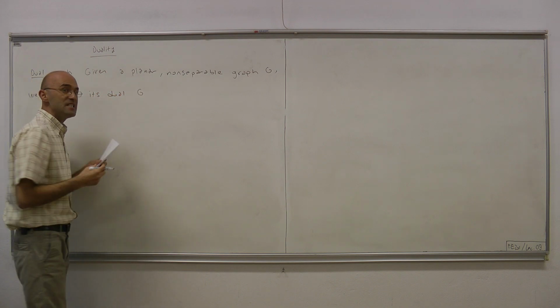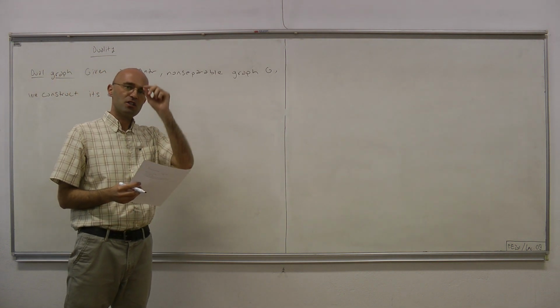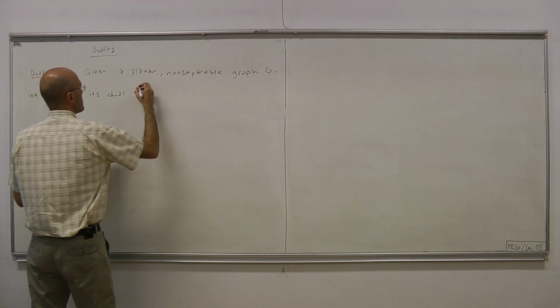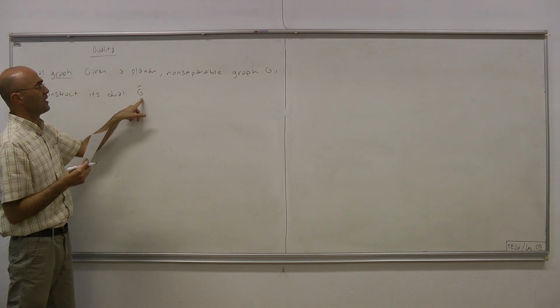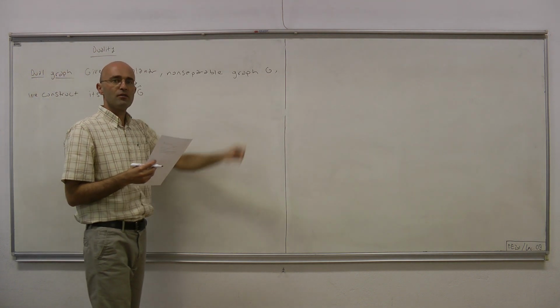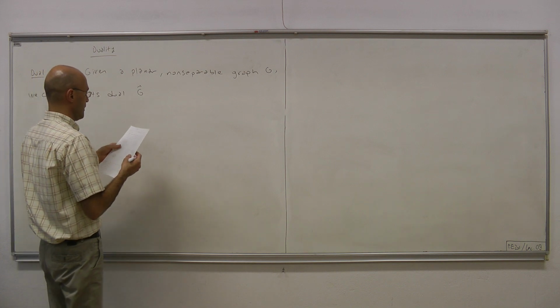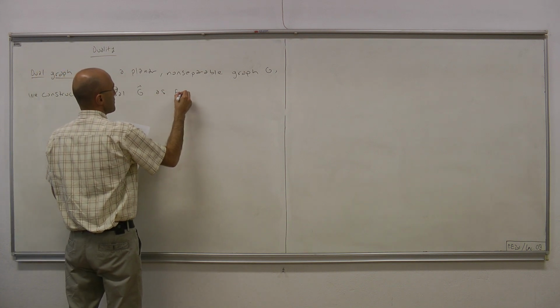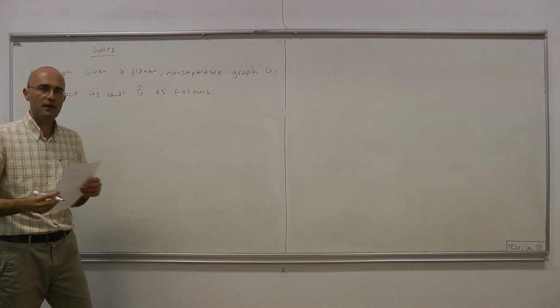And to indicate that something else is dual, we use a notation hat. So we put a hat on top of G. That means this graph is the dual of the original graph G. Dual G hat as follows. The construction is really very straightforward.